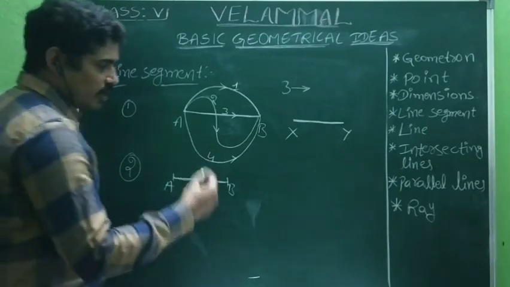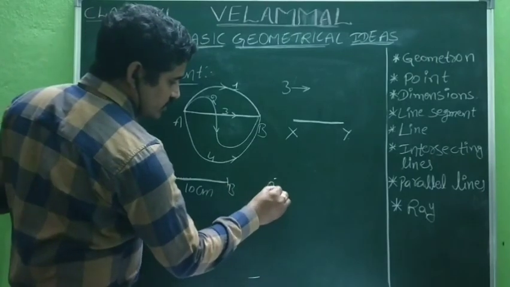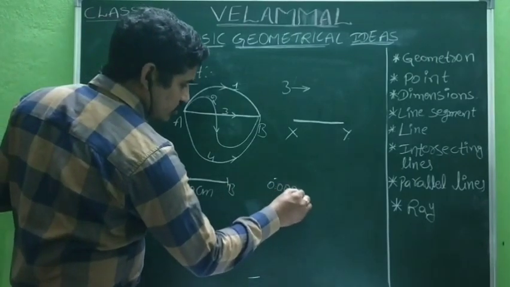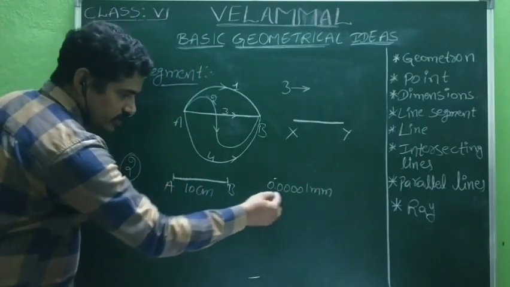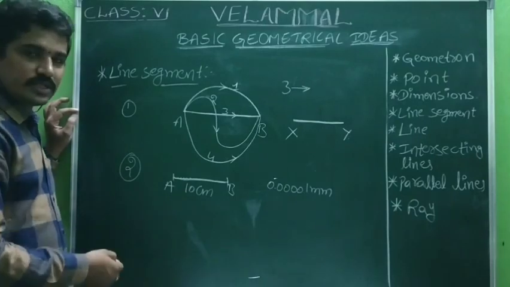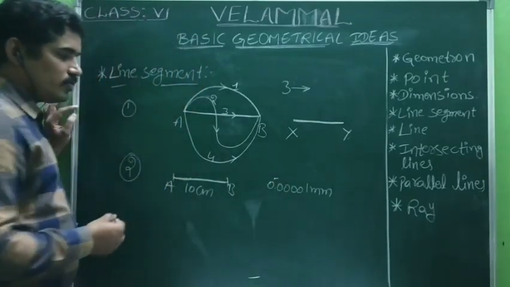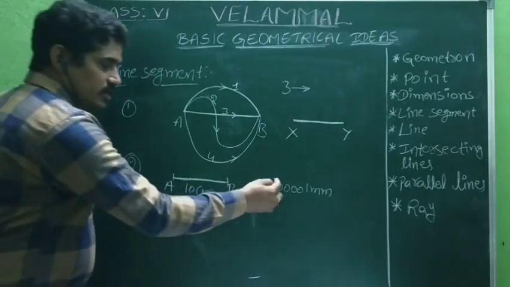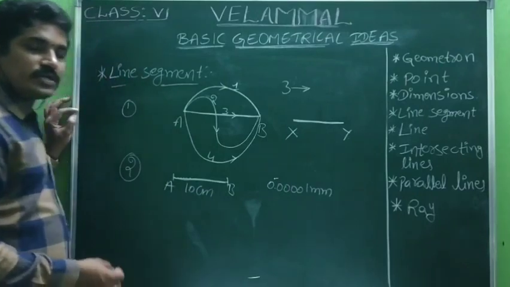Now one person is asking, I am taking one line segment of 0.00001 millimeter. Whatever length we are able to find out is nothing but a line segment. This is a very small line segment I have taken now. The question is, in this line segment also will there be infinite points or not?